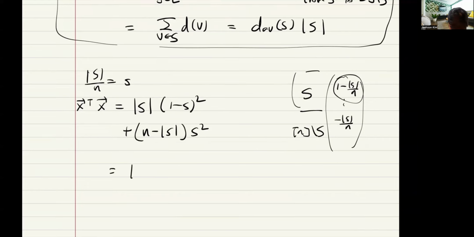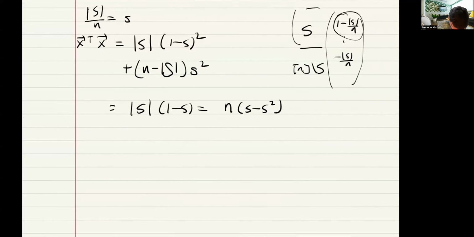Let me write it in a way that this is capital S, this is small s. Then you can compute that this is like N times s minus s squared. Now we are at the end.